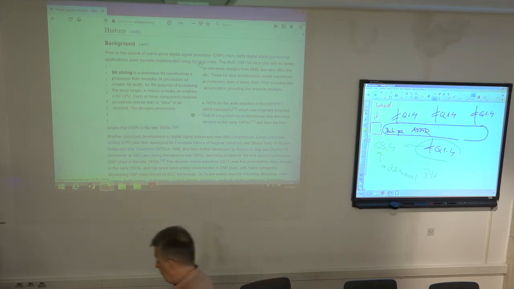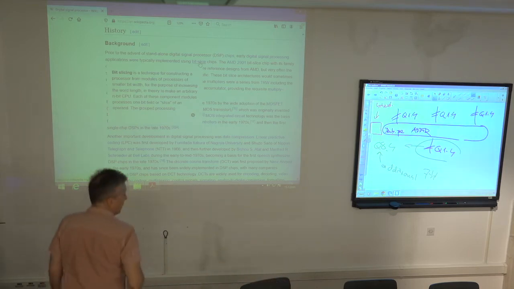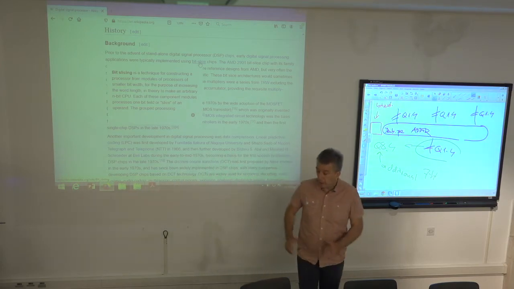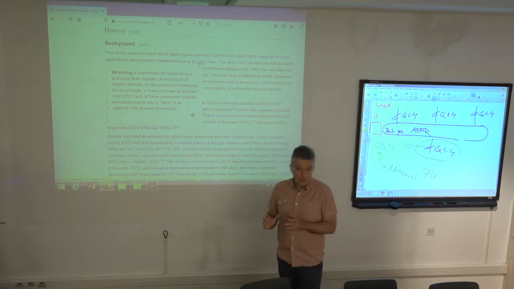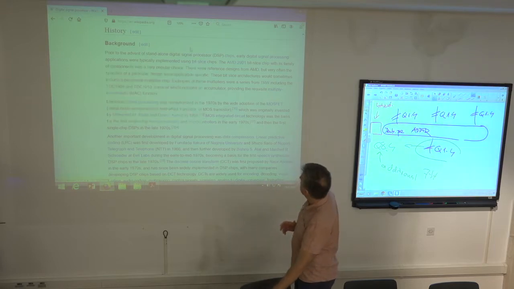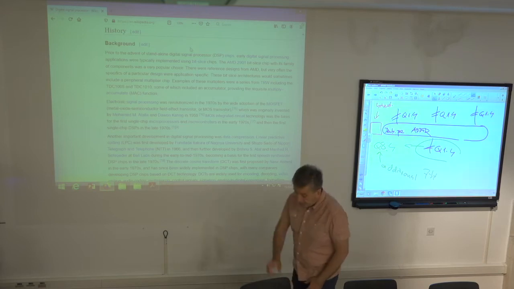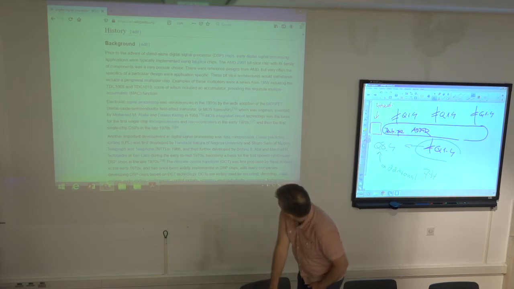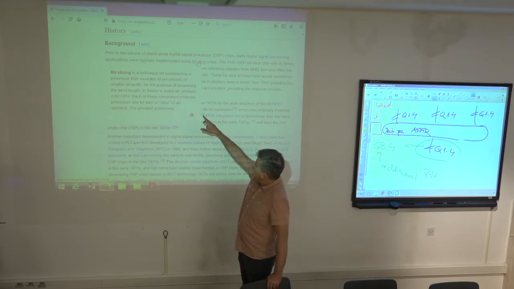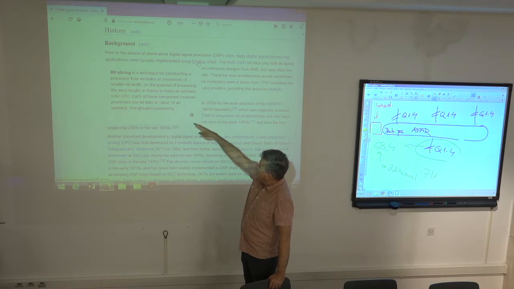So even before we had single chip CPUs, CPUs were implemented using dedicated hardware, a state machine, and this state machine was controlling the data path. And the data path was implemented using the bit slice chips. So bit slicing, it says here, is a technique for construction of a processor from modules of smaller bit width for the purpose of increasing word length.